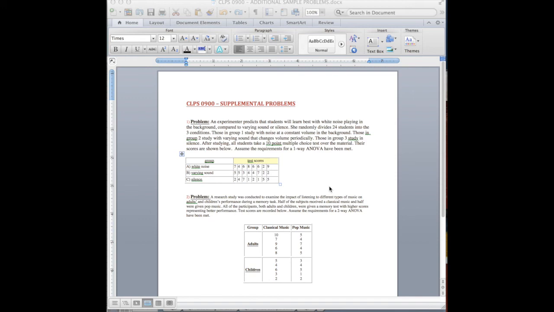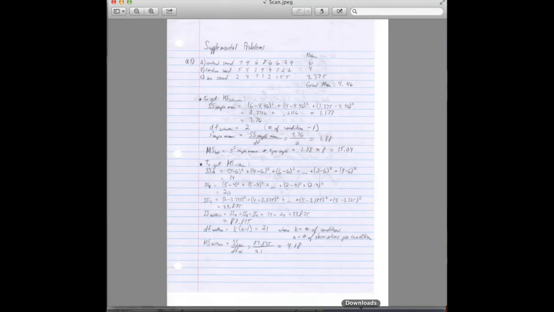So here's the data, and I'm just going to reproduce it in my handwritten notes. So first, in order to get the MS between term, you have to calculate the means for each of the samples.